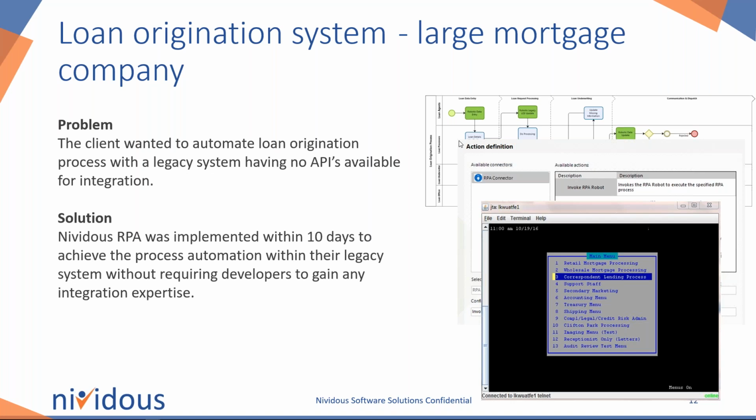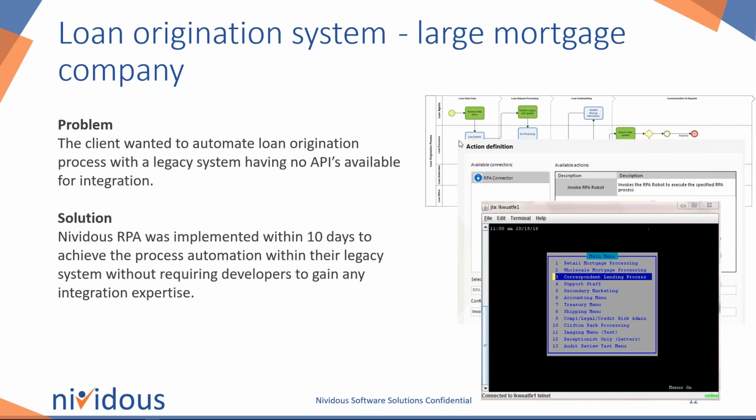But RPA solves that problem because it allows you to do that integration using the user interface itself that humans are already using. So in this example, we're talking about a mortgage company that was in that exact spot, using an old legacy system that has no APIs available, but they were able to automate a specific task, actually a few specific tasks, using RPA very quickly.